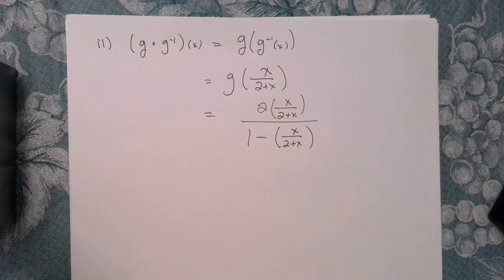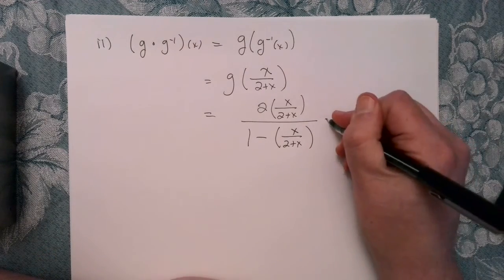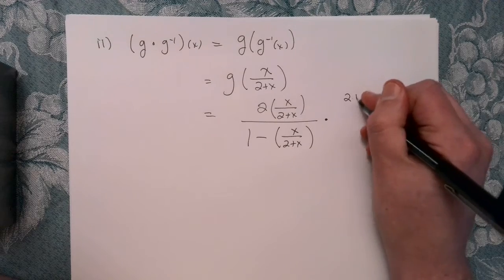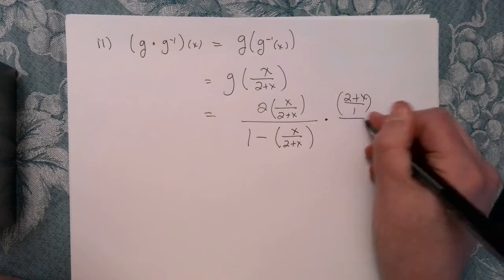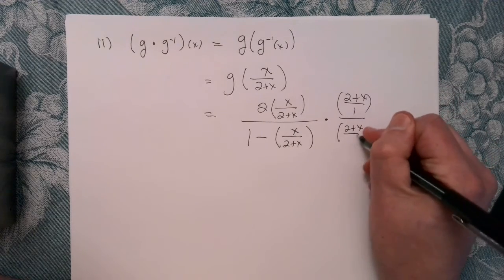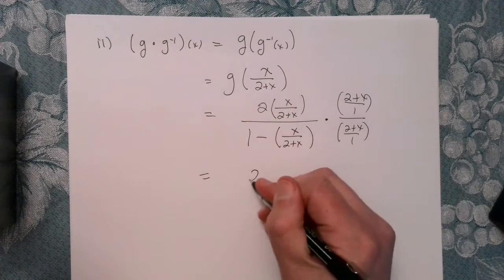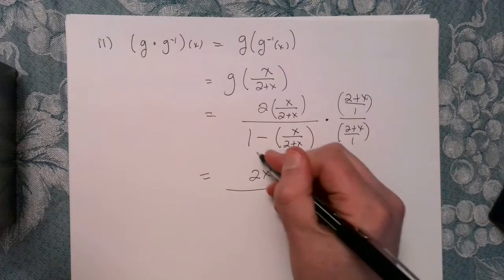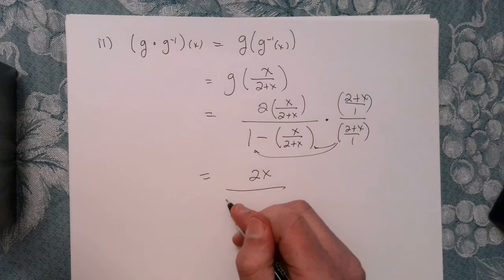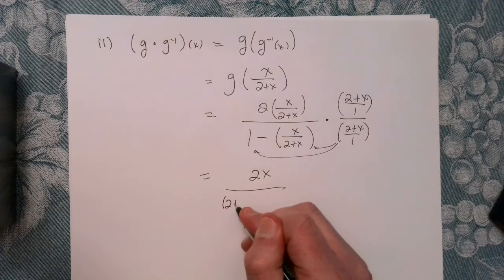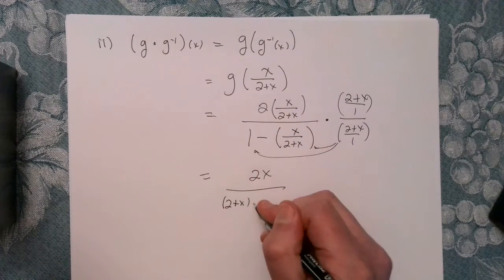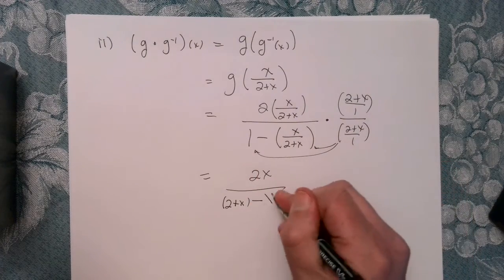And really, we're going to do the same thing. We're just going to get rid of the complex fractions. So we're going to multiply by 2 plus x over itself. And note these will cancel up top, leaving me with 2x. And then remember to distribute both downstairs. So downstairs I'm going to have 1 times 2 plus x here, minus these will cancel, that's going to be x.